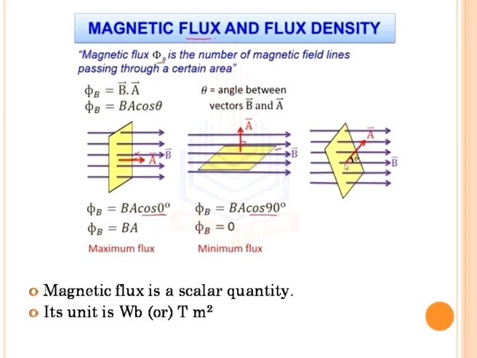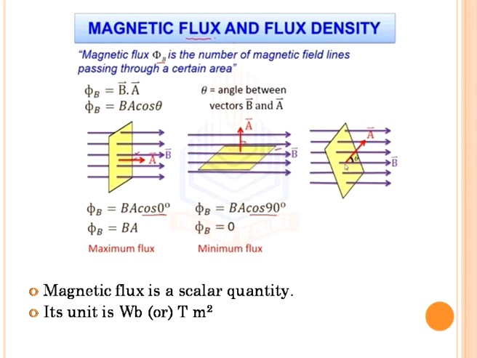Another important term is magnetic flux, and also we will discuss flux density, right? But first let us understand what is magnetic flux. You can remember the electric flux definition in chapter 1: the number of electric lines of force passing through an area. Similarly, the number of magnetic lines of force passing through a certain area is known as magnetic flux.